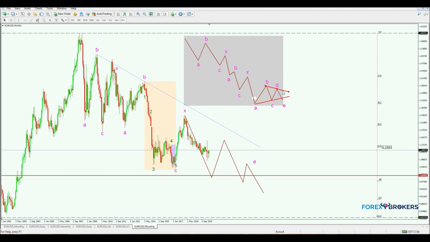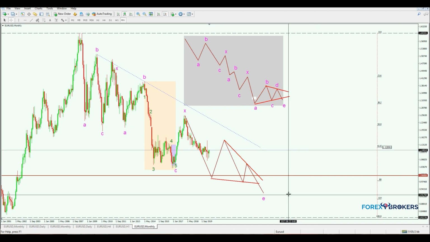Well, if you take the B to D trend line from here to here, and you connect the B to D, and if you take the A-C trend line from here to here, one can easily imagine a triangular pattern at the end of the triple combination. Only this time the end of the E wave would be here, which is very difficult to trade, especially on the monthly chart, because there is a big difference between what is now 1.1081 and 0.92.